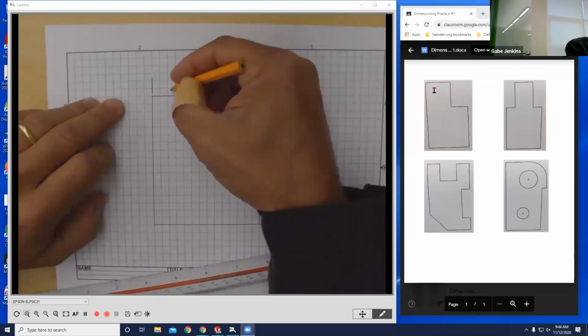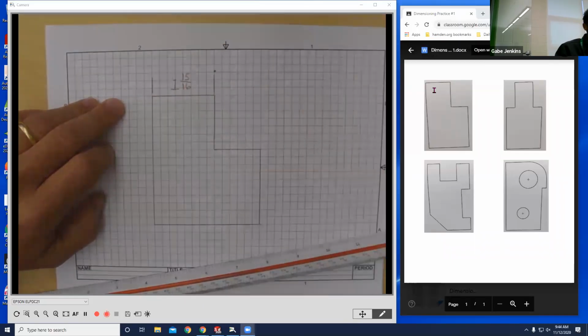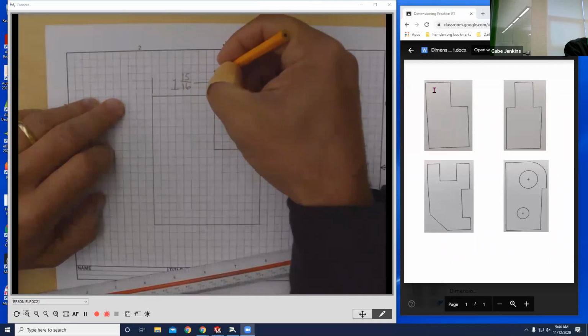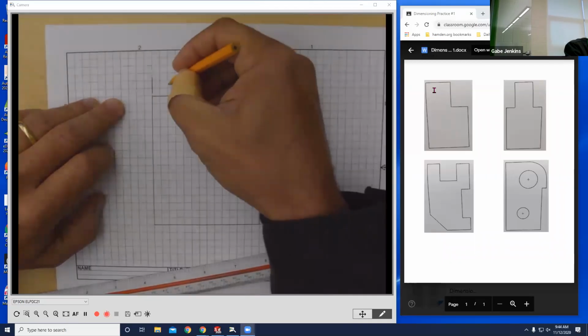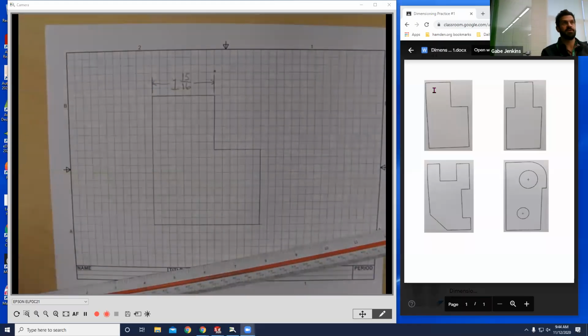So I'm going to write my 1, and then I have to write my 15 over 16, okay? Now I have to make arrows that go all the way out to the edge over here and to the edge over here. And that's my first dimension. It's pretty easy, okay?